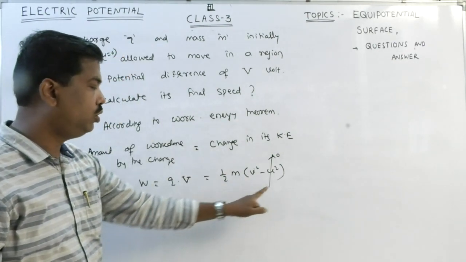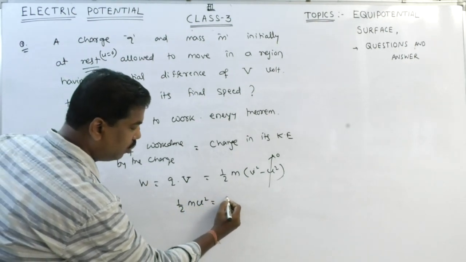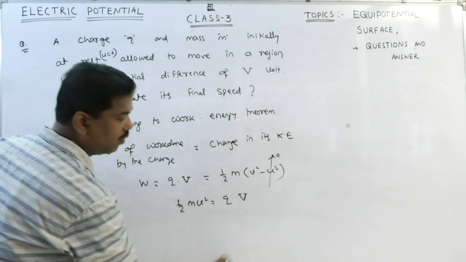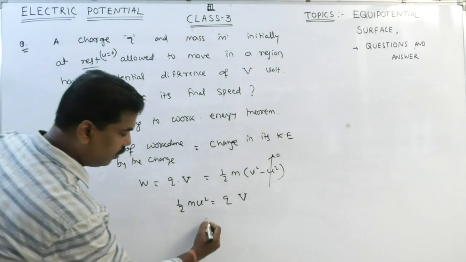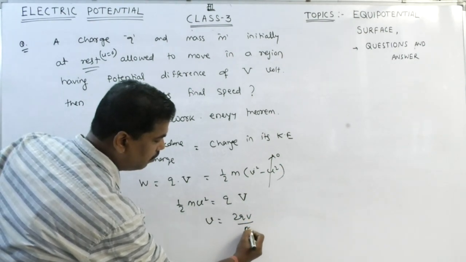Clear? So half m v square is equal to q into V. Therefore, v is equal to square root of 2qV by m.